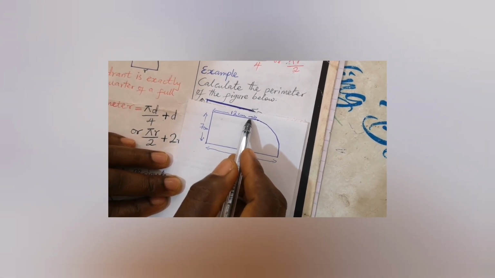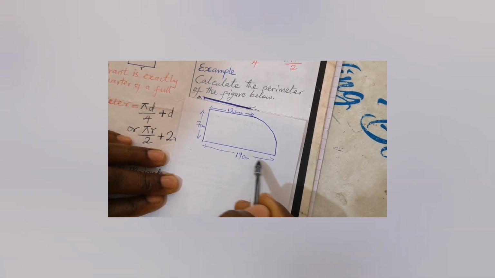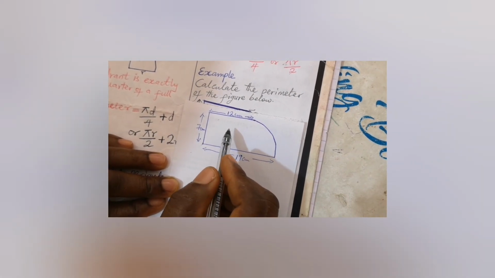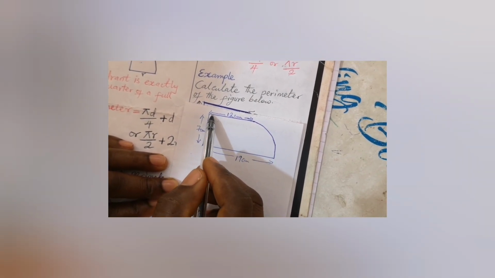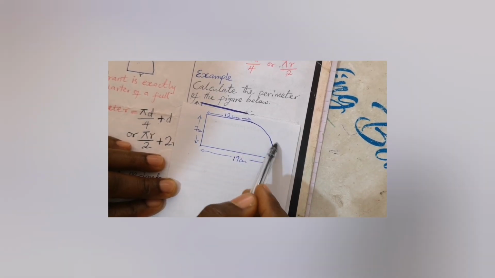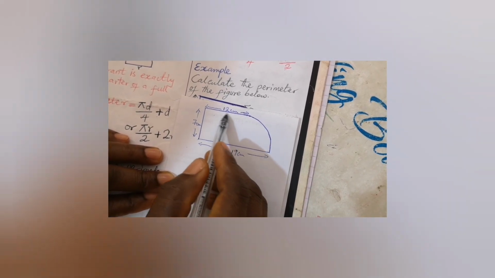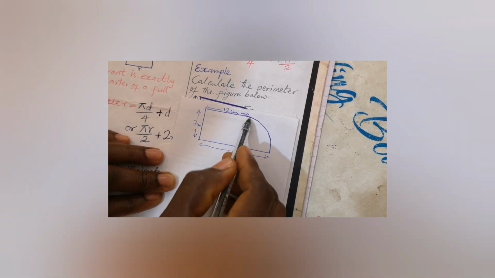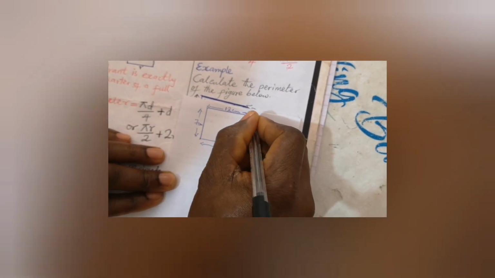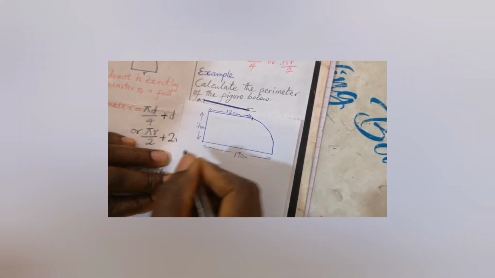I will add all these sides. So I will say since perimeter is the sum of all the sides of a shape, I will start from here. This is a straight line from here to here is 12 cm.